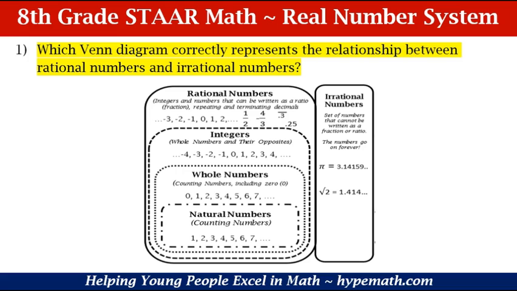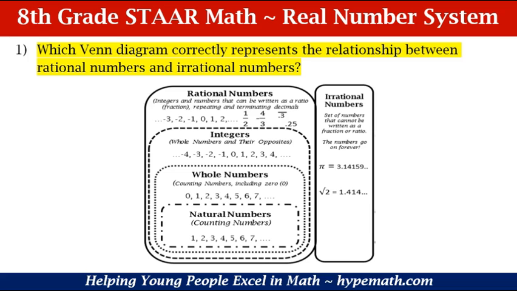We see rational numbers, and within the rational numbers, there are integers, whole numbers, and natural numbers. But if you notice on the side, irrational numbers are separate. Irrational numbers are a set of numbers that cannot be written as a fraction or ratio. The numbers can go on forever.